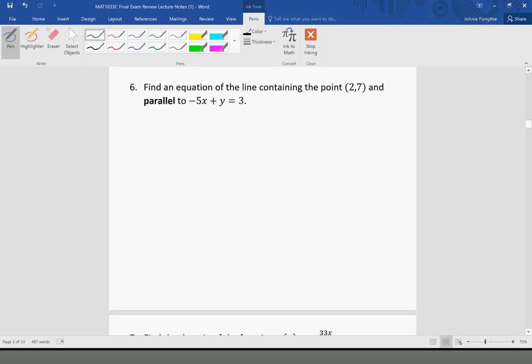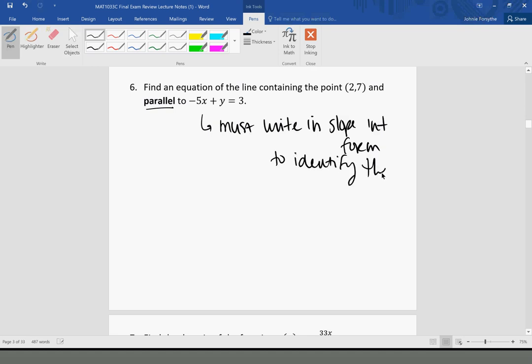Okay. For the sake of time, I'm not going to finish this problem all the way, but it's a similar thing except that it's parallel to this equation. Well, first off, this equation doesn't just give you the slope by looking at it. You must write it in slope-intercept form to identify the slope.